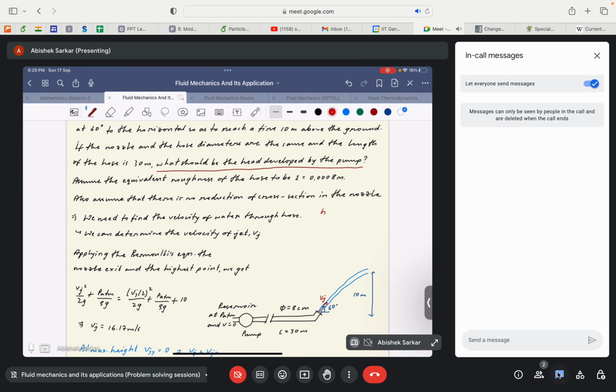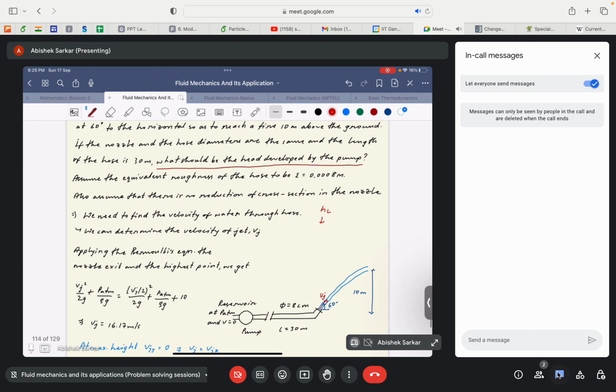To find the head loss, you need the friction factor. This friction factor depends on both Re_D and epsilon by D. Then to determine Re_D, since the dimension of the pipe is given, we need to determine the velocity of the flow.